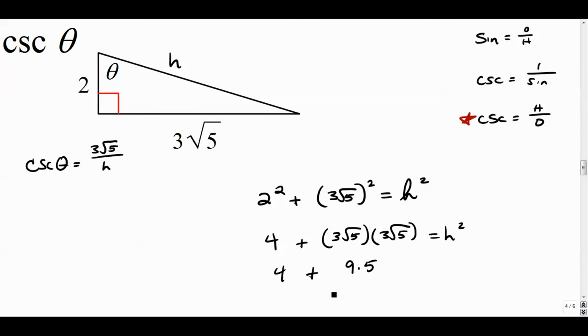So 4 plus 45 is 49. Square root of 49 is 7. So our hypotenuse here is 7. So this answer is 7 over 3 radical 5, hypotenuse over opposite. And you can't simplify that anymore, so you're done.